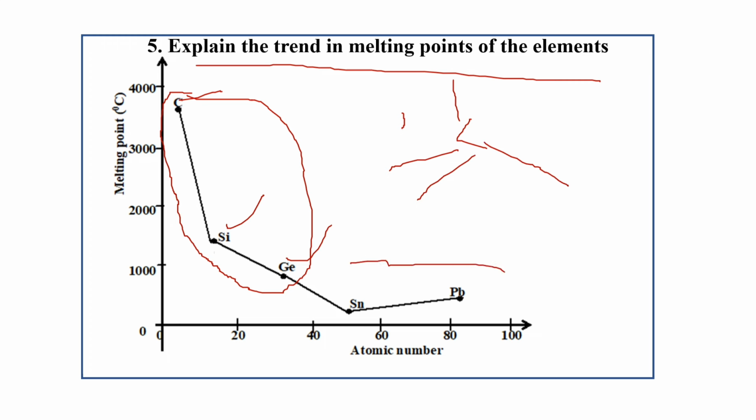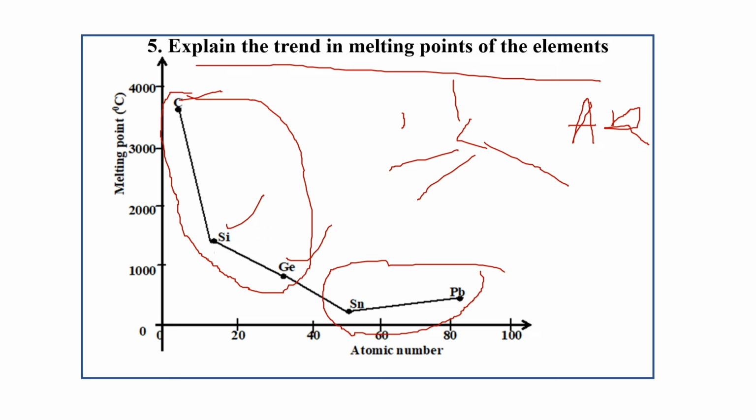Now these others adopt giant metallic structures. So the explanation will use a mixture of factors: atomic radius, and the type of structure they adopt, which is also very important.